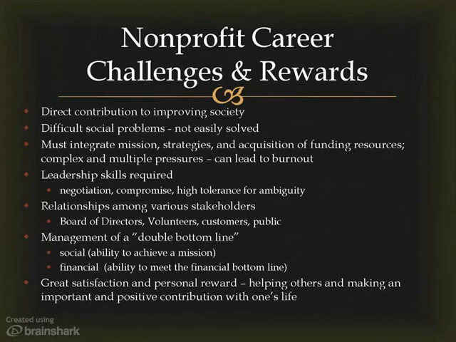You have to integrate mission, strategies, and acquisition of funding resources, with complex and multiple pressures, which can sometimes lead to burnout. That is something to keep in mind as a person who might be interested in a nonprofit career: balance is critical, because there are additional challenges in this area that are unique to nonprofit organizations, with the integration of the mission, developing the strategies, which we'll talk about more as the class goes on, and the acquisition of funding, looking for grant funds and philanthropic contributions to the organization, which is unique to this area.